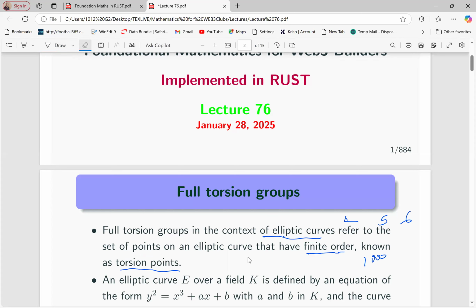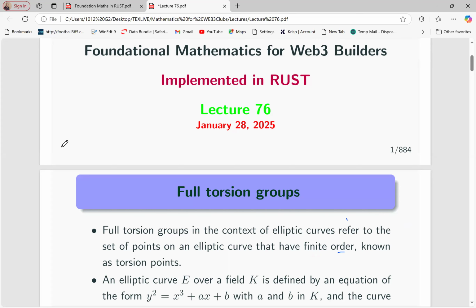So torsion groups are a group, which is just a set of points. When we talk of a group, we're talking about a set of points. So that one we already know. And of course, this set of points should have the point at infinity, or the identity point. The identity point in terms of elliptic curves would be the point at infinity.